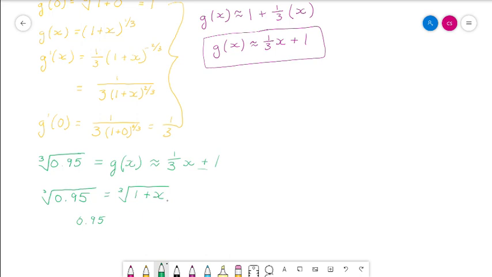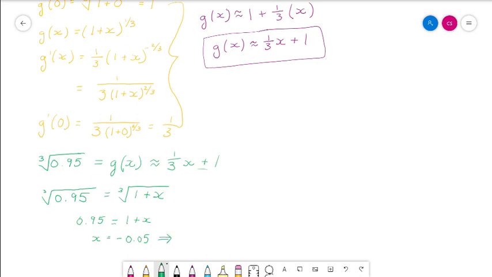You can cube both sides and solve it. And x is going to be negative 0.05. All right, and remember this linear approximation up here for g of x, 1/3 x plus 1, is only good for x around 0. Is negative 0.05 around 0?